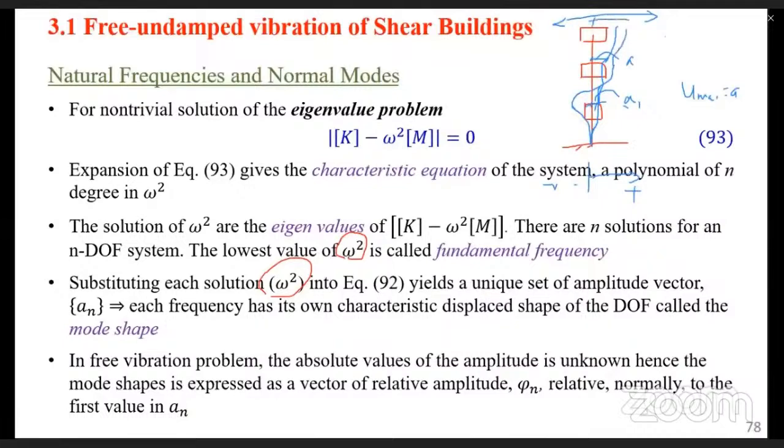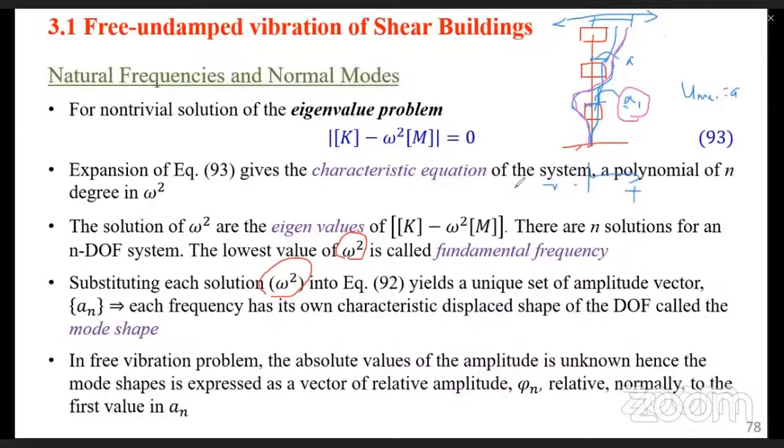Depending on the magnitude, if A3 is greater than A2, for the second mode it could be something like that. So what determines the mode shape of our structure is the values of A, both the sign and the magnitude. What is left is that we get the fundamental frequency, and we also want to sketch and understand the mode shape of our structure.